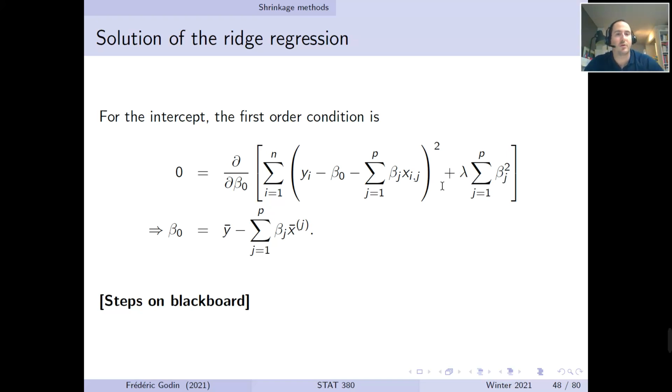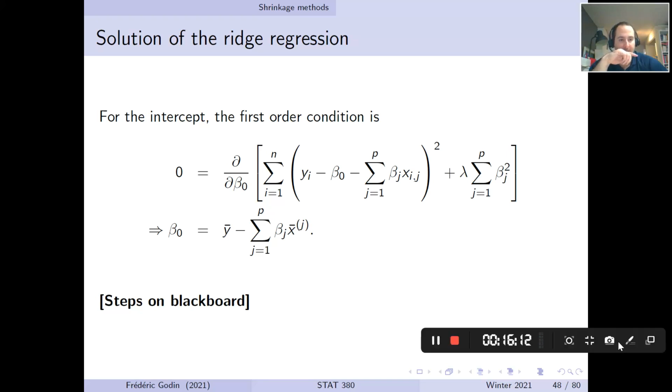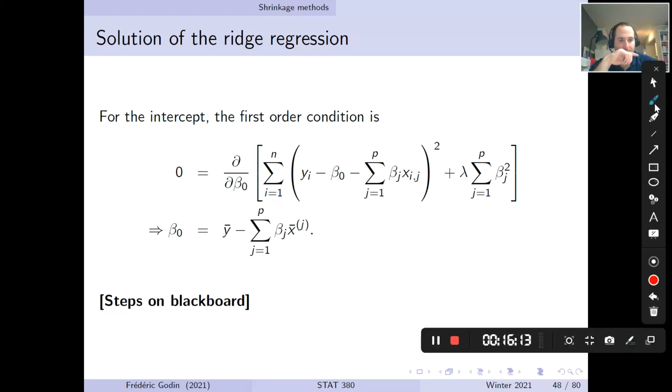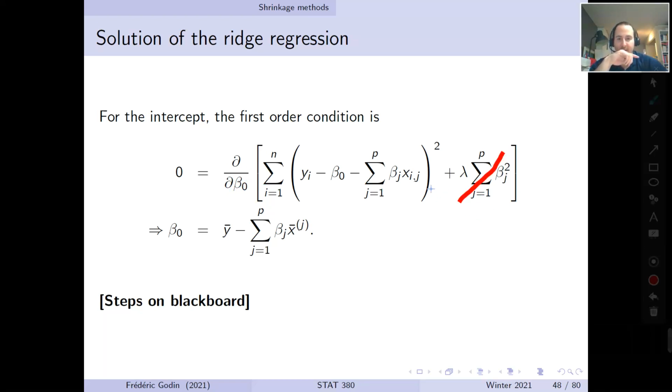So when we want to minimize this objective function, what we need to do is find first order conditions. So we differentiate with respect to beta 0 and let the derivative be equal to 0. So when we differentiate with respect to beta 0, because beta 0 is not in the penalty, this term disappears.